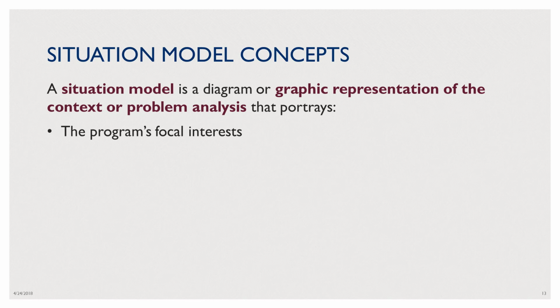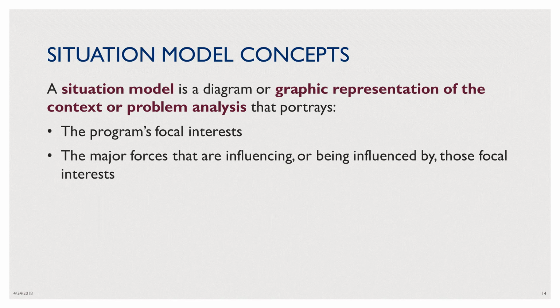In our case, the focal interests are biodiversity focal interests, but in biodiversity integrated programming or even non-biodiversity programming, those could be other focal interests related to economic development, health, education, or any number of other development interests. A situation model also summarizes the major forces influencing or being influenced by those focal interests, and the causal relationships among those forces. In the next presentation, we'll explore the components of a situation model.